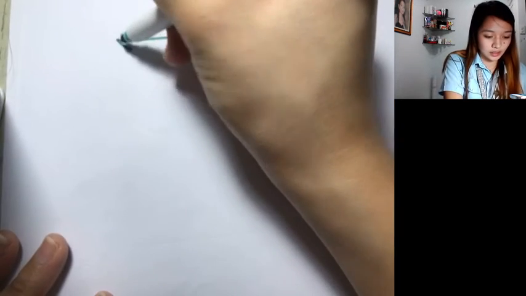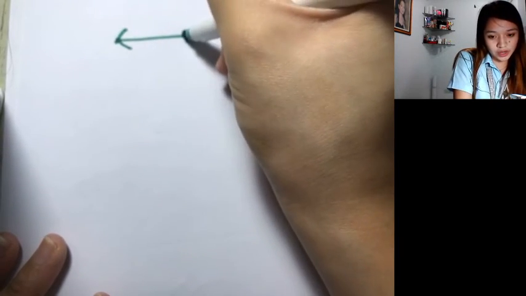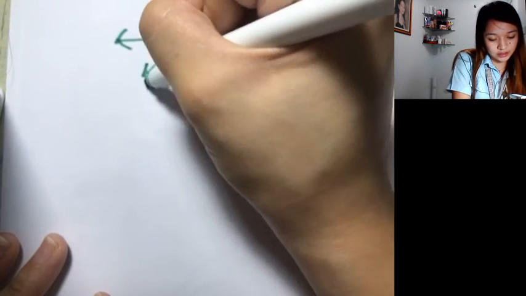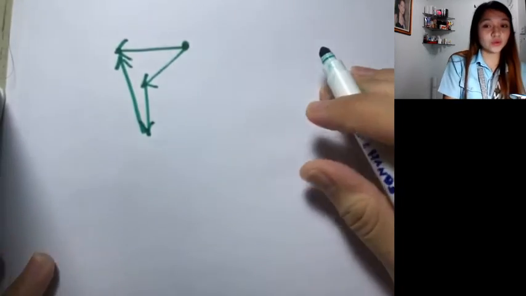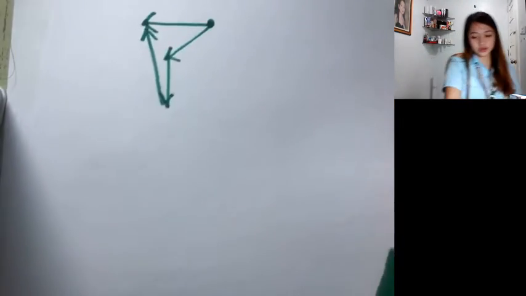So since it is a head to tail method, from here, did you see it? Here. So here's a point, then here, and then lastly here. So what do those vectors represent?